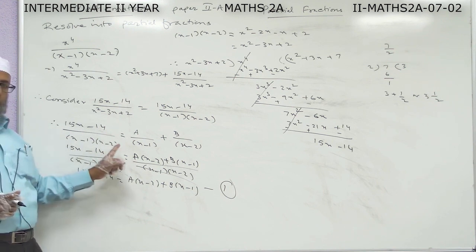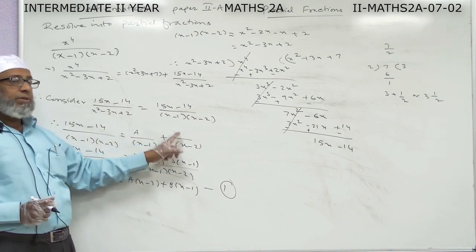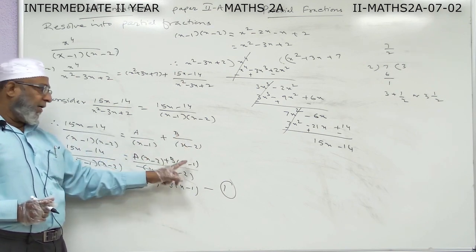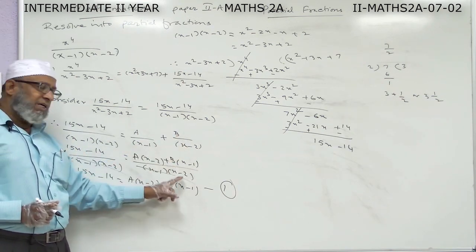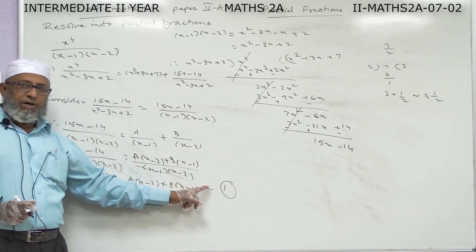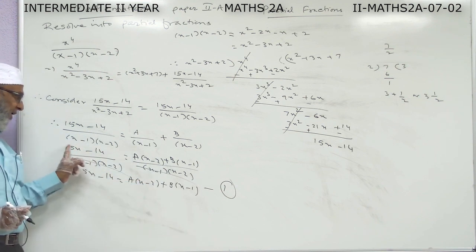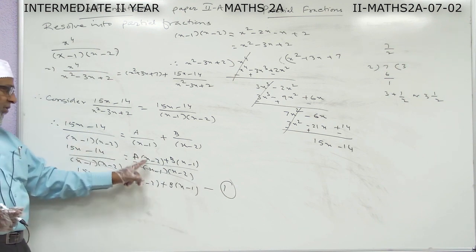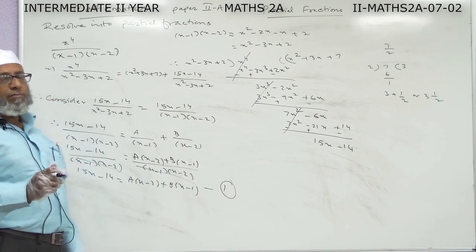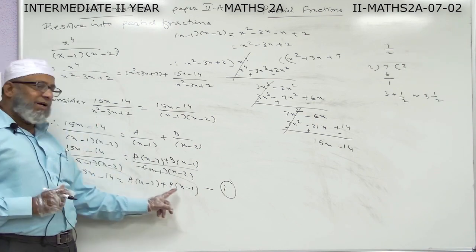Therefore, the substitution, we know, is a by x minus 1 plus b by x minus 2. On taking LCM, this becomes a into (x minus 2) plus b into (x minus 1) divided by (x minus 1) and (x minus 2). This will remain as it is. Again, cancelling the denominator from both sides, what am I getting? 15x minus 14 is equal to a into (x minus 2) plus b into (x minus 1). Again, my purpose is to get the values of a and b.